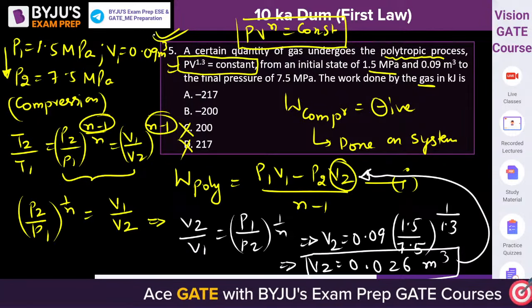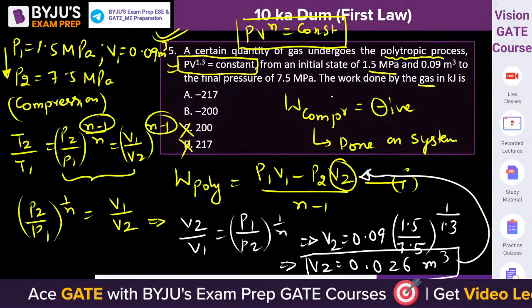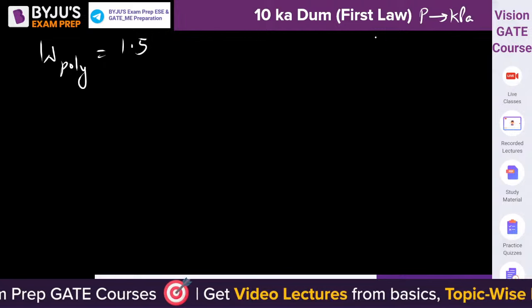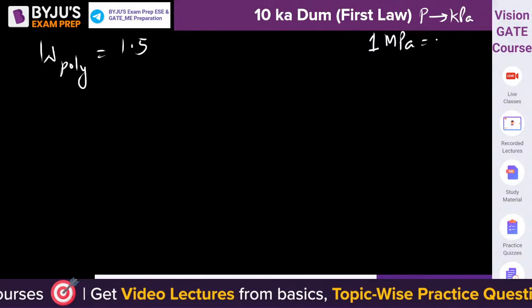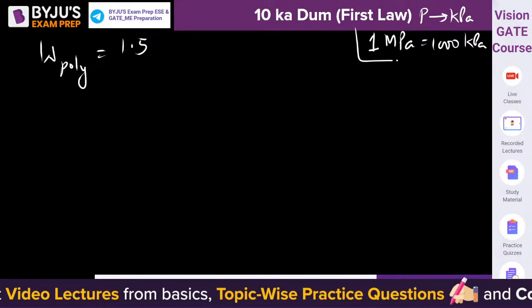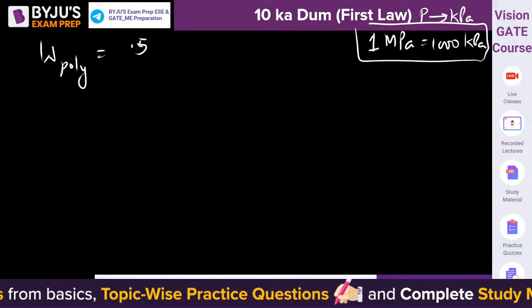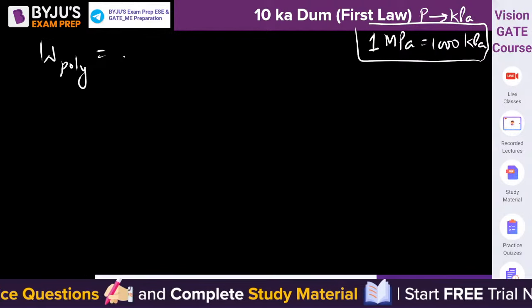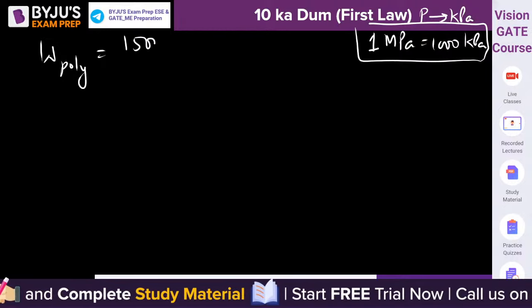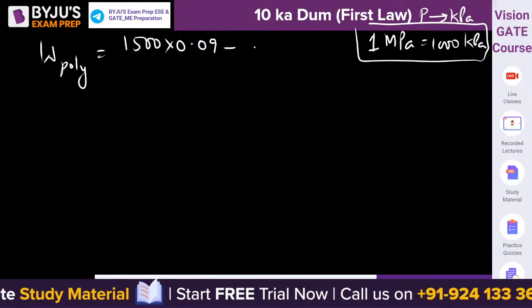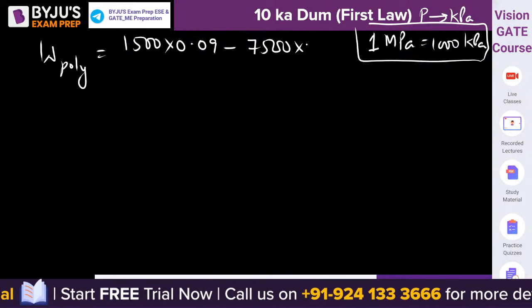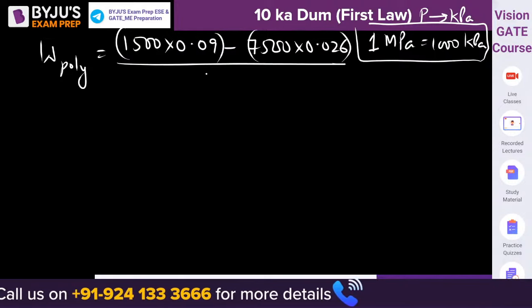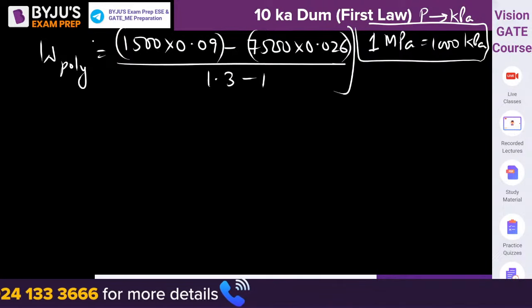Another important thing, if your options are in kilojoule, then pressure should be in kilopascal. 1 megapascal is equal to 1000 kilopascal, so convert this; 1.5 megapascal is 1500. So 1500 into V1 0.09 minus 7500 into 0.026 upon n minus 1, that is 1.3 minus 1. This will give you kilojoule.